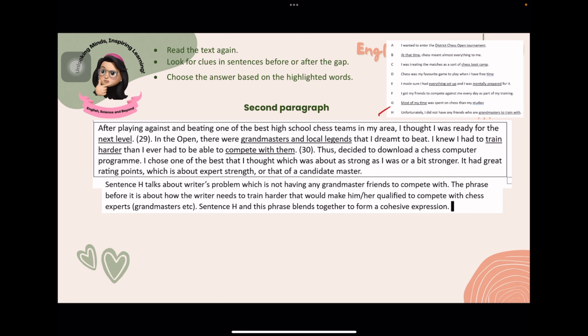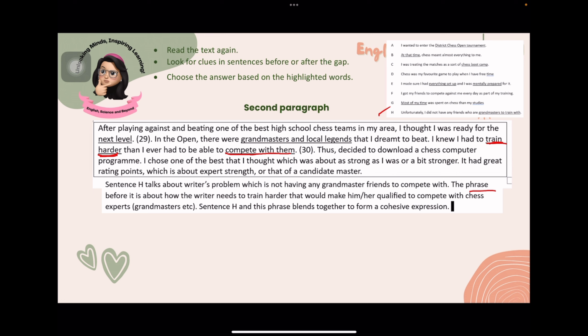And this is in line with the text before the gap: "I knew I had to train harder than I ever had to be able to compete with them." So these two clues: train harder, be able to compete with them.